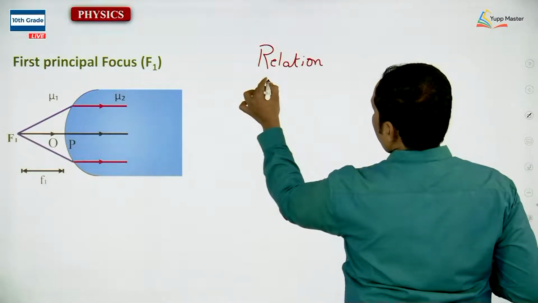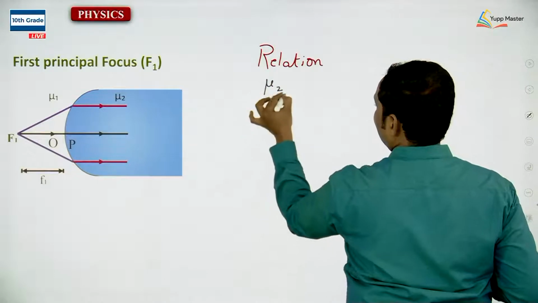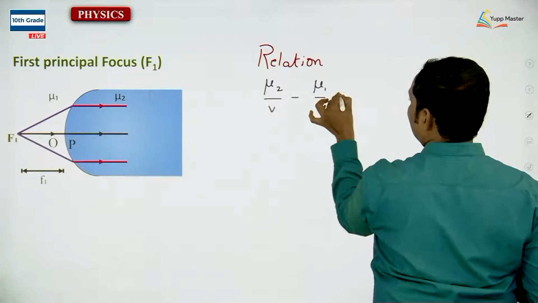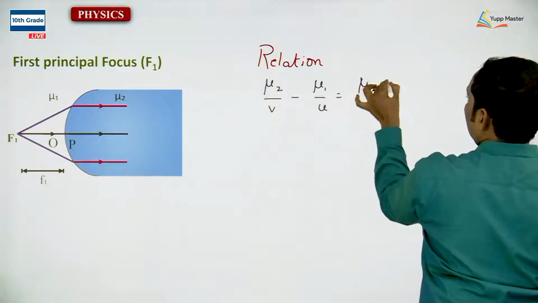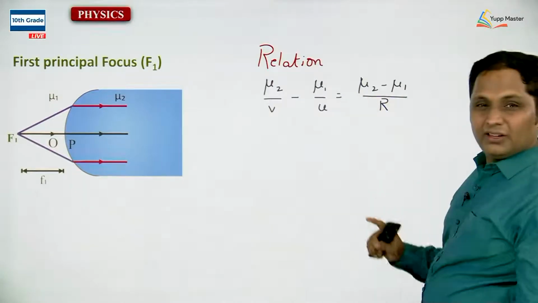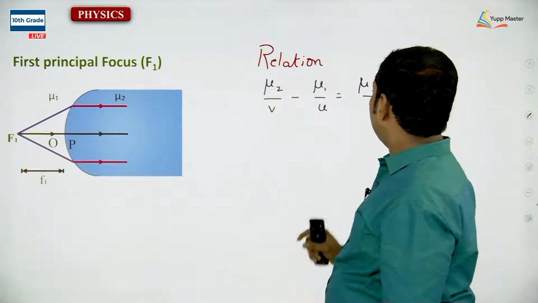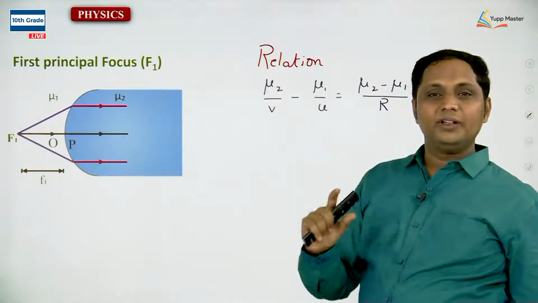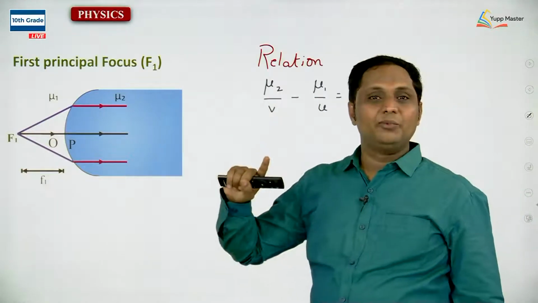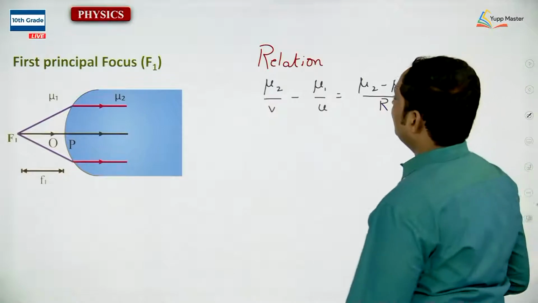You can take that mu2 by v minus mu1 by u is equal to mu2 minus mu1 by r. This is the relation in case of refraction through a curved surface whenever the light rays enter from a rarer medium to a denser medium.